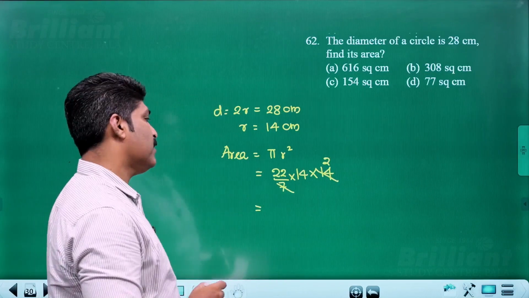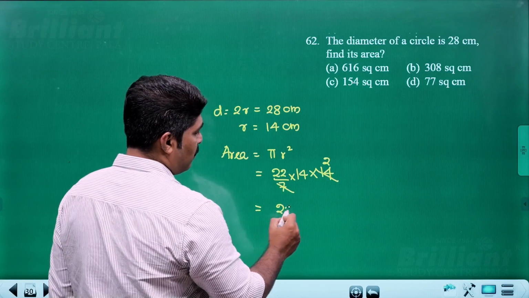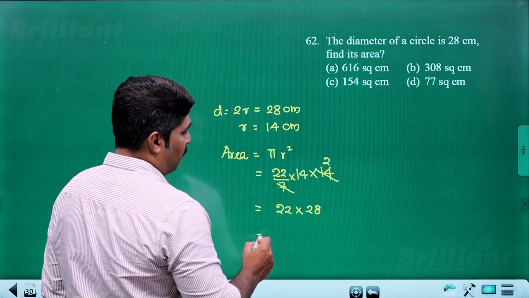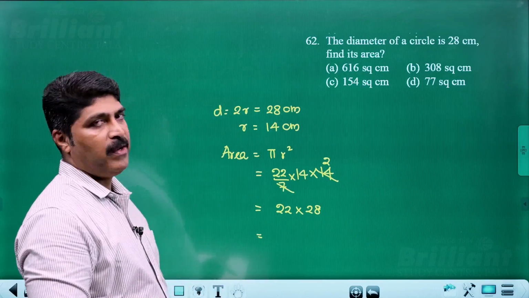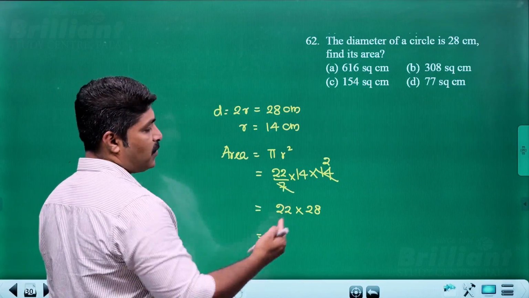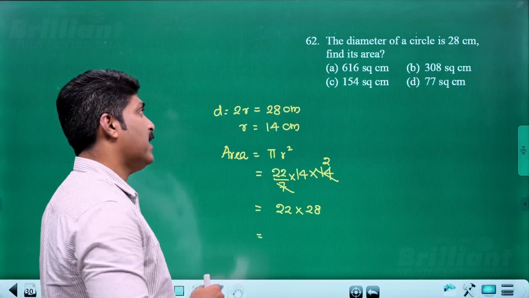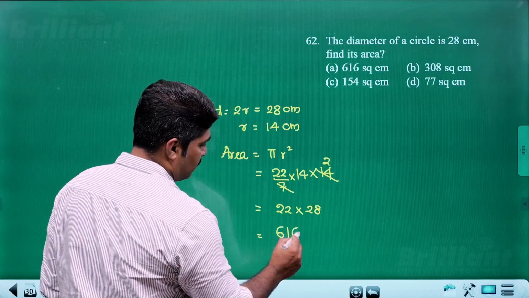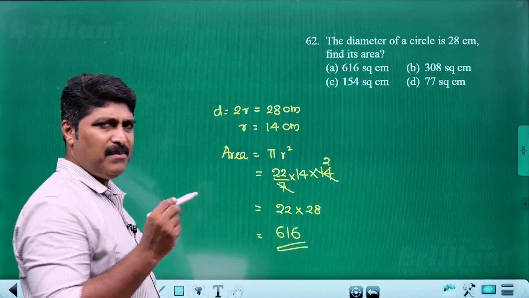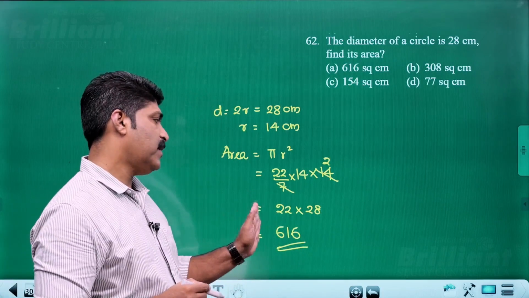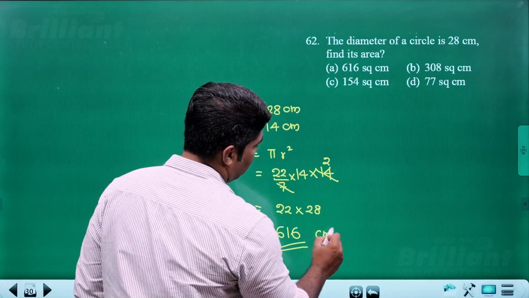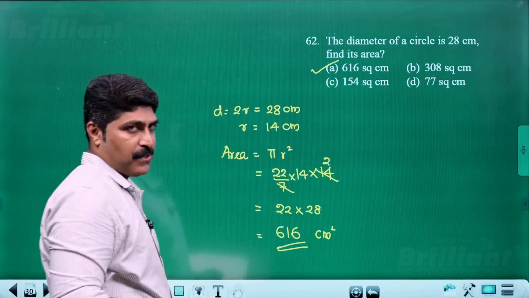This is 22 into 28. What is the product here? When we do this, this is 560 plus 56. So that's equal to 616. Just directly multiply it. 560 plus 56, that is 616 centimeter square. So it's a direct question.